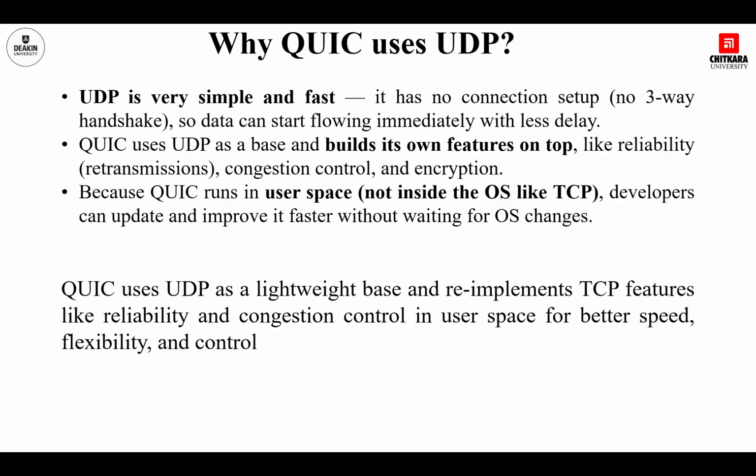So there is a significant advantage for developers, as they can improve it faster without waiting for changes in the operating system. QUIC uses UDP as a lightweight base, and it re-implements TCP features like reliability and congestion control in user space for better speed, flexibility, and control.